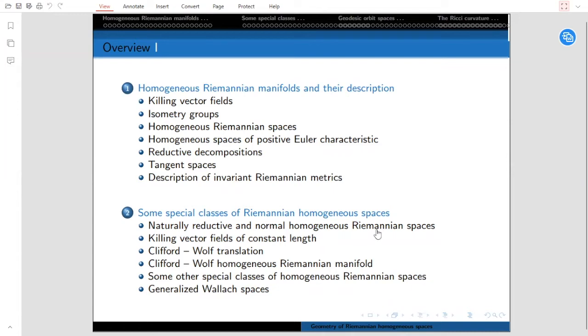And the overview is, as you see, the first part: homogeneous Riemannian manifolds and their description.